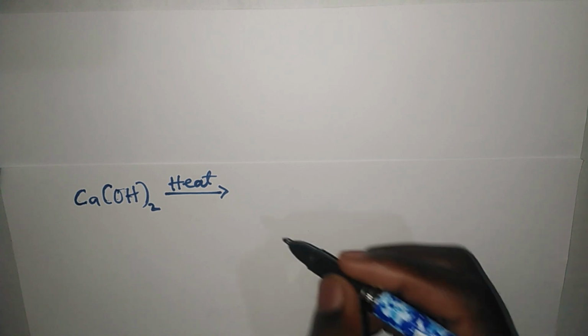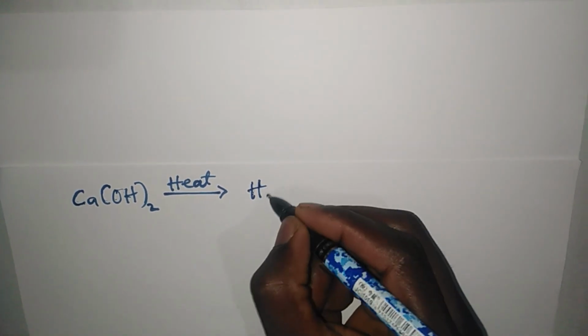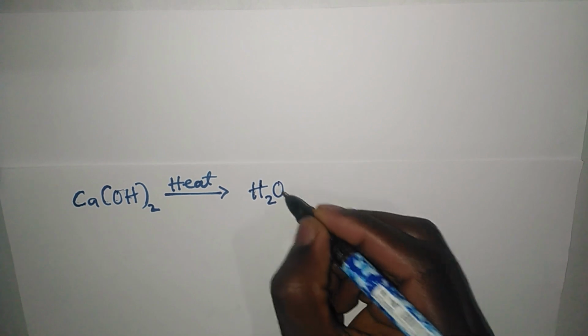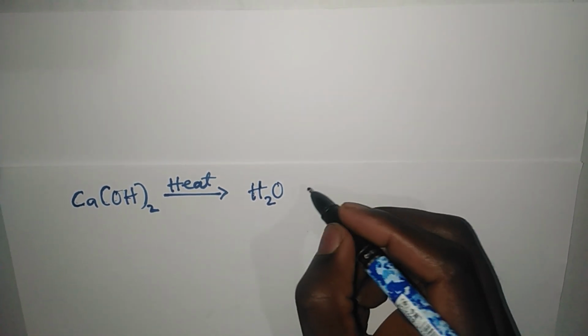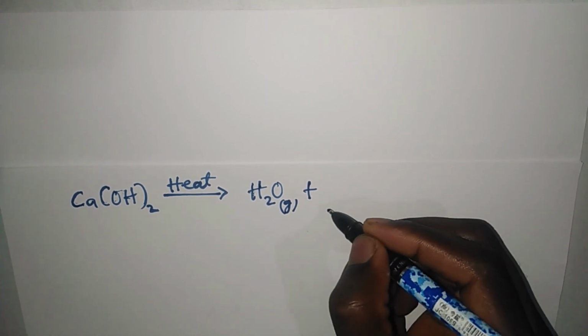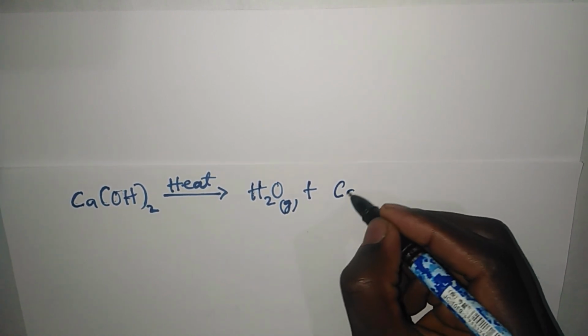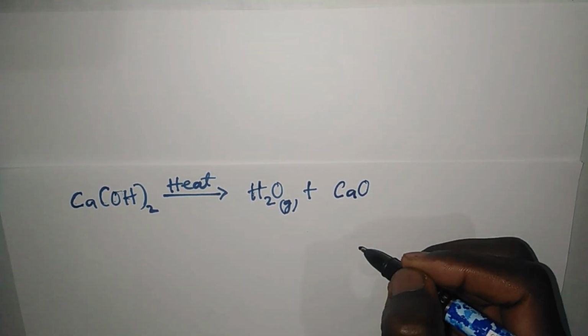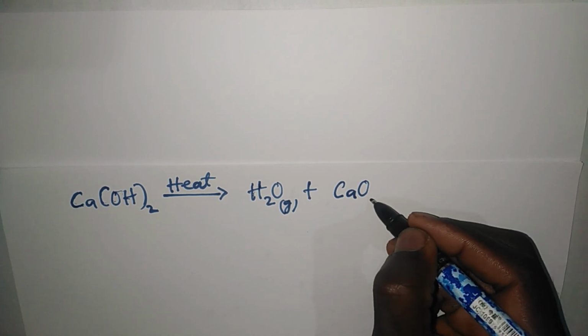Now you know that whenever you heat a hydroxide, you cause water to evaporate, and once water is removed, what you get is a metal oxide. So in this case, we have water evaporating as a gas, and what will be left is the metal oxide. In this case, it is calcium oxide.